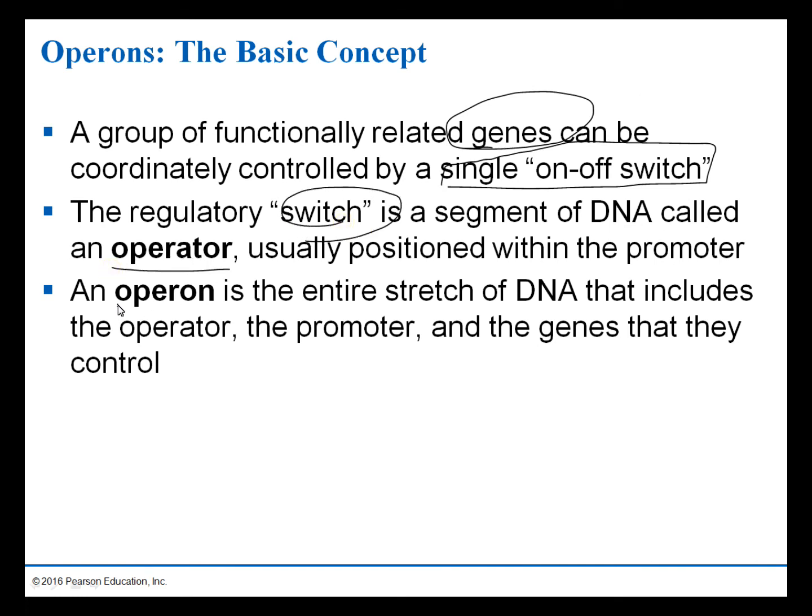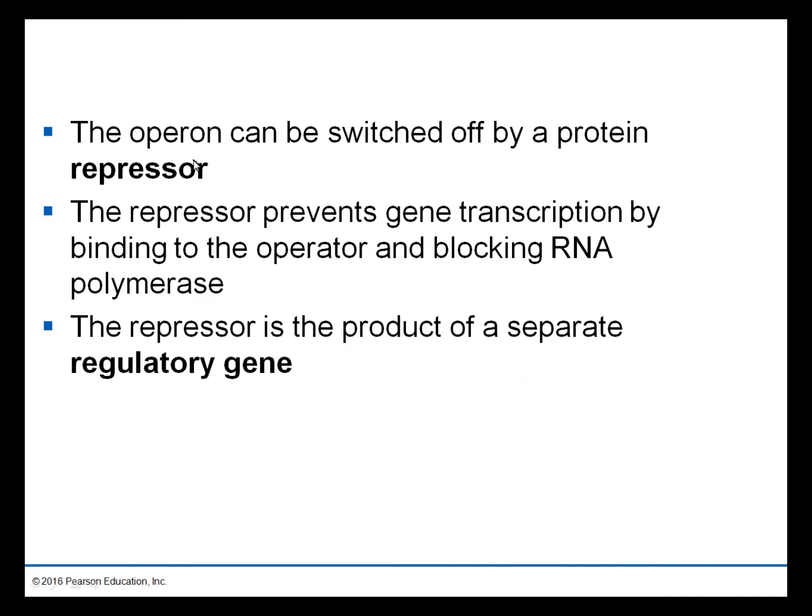The operon contains the operator, which is a switch, the promoter, which is required for the transcription of the messenger RNA, and multiple genes. Some operators work with a repressor.